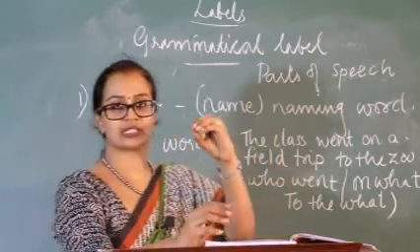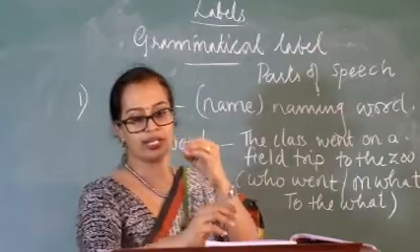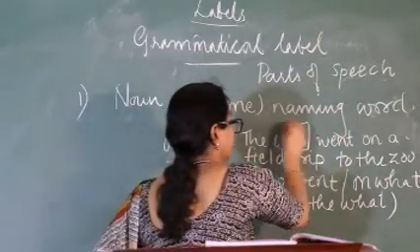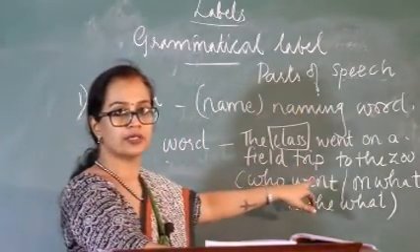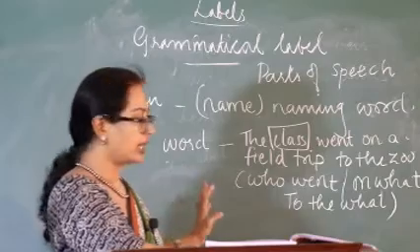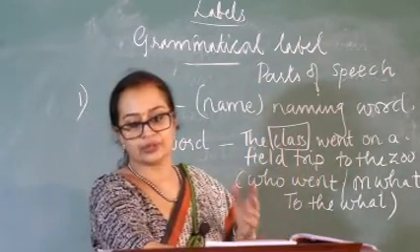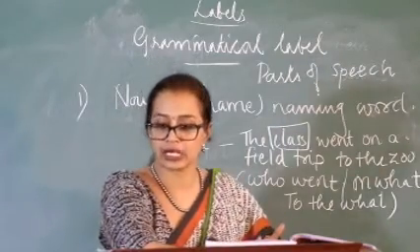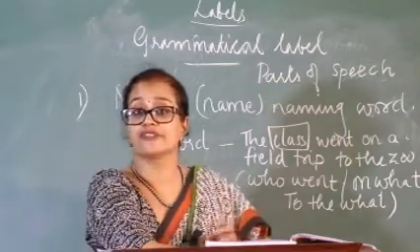So let's first take the example of how it performs as a word. The class went on a field trip to the zoo. The class went on a field trip to the zoo. Now this asks the question, who went? The class. Went on what? On a field trip.